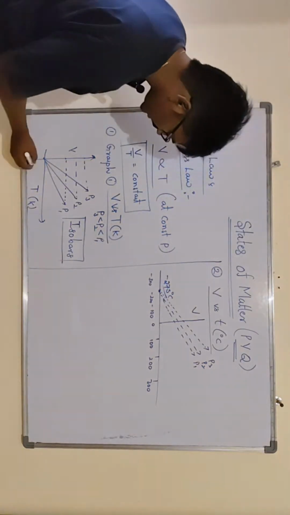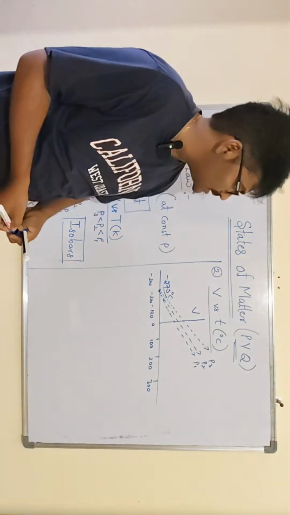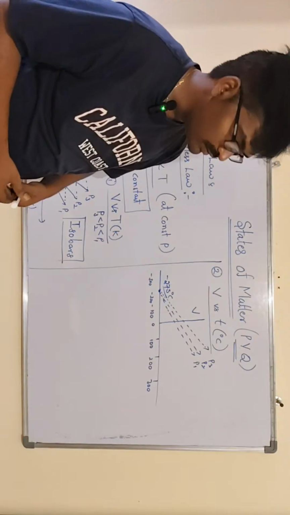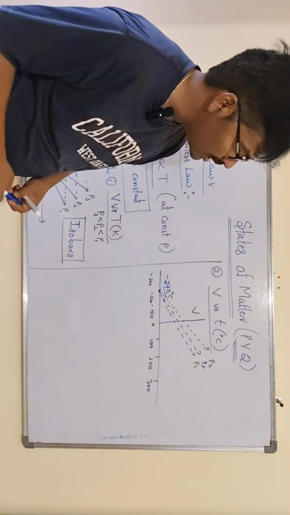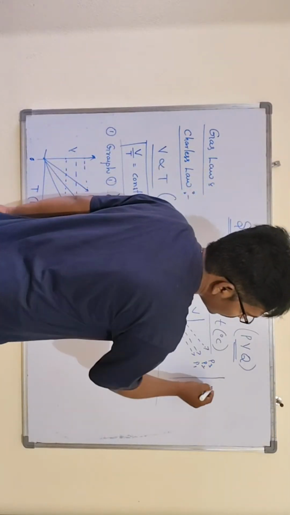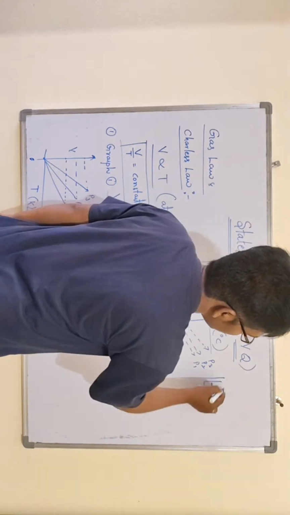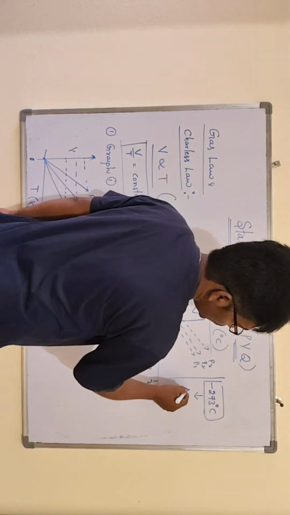Minus 273 degrees Celsius we call absolute zero.